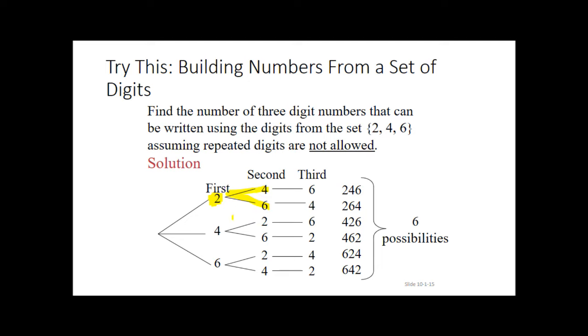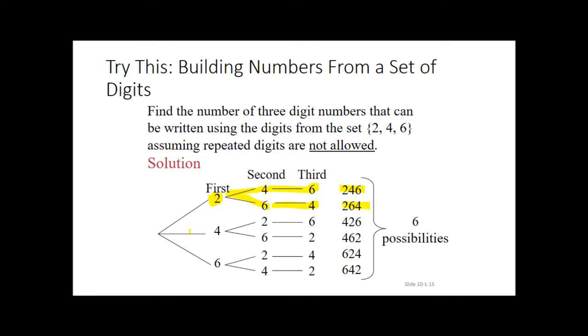Now, once we know that the first digit is 2 and then 4, the third digit can't be either 2 or 4, so the only possible digit left is 6. And then if it's 2 and 6, then the only possible digit left is 4. So that's why this doesn't grow so big as the other tree diagram, where we still had 3 possibilities at each part of the task. So the first branch turns out to be 246, the second branch 264.